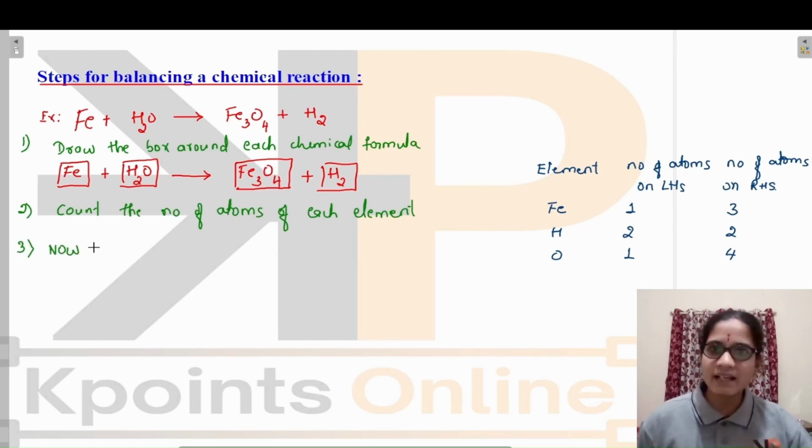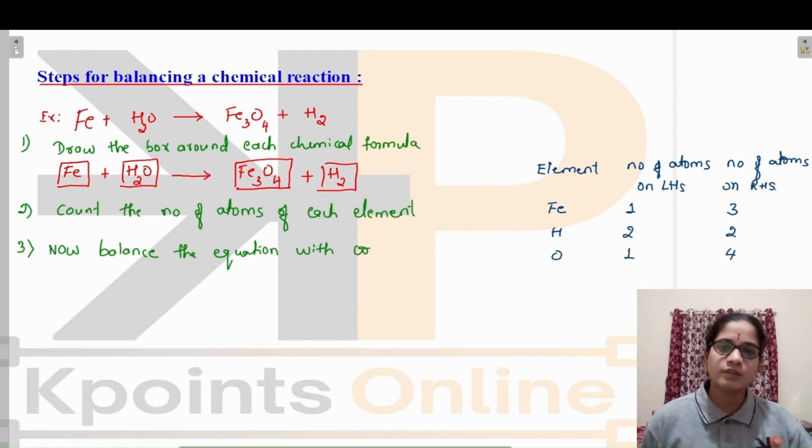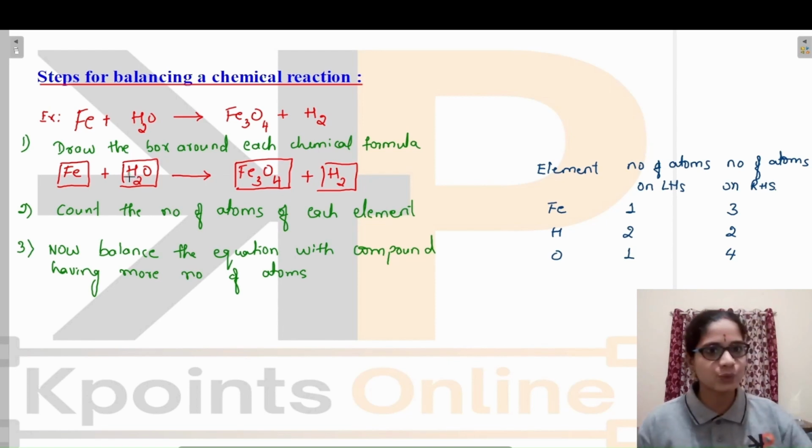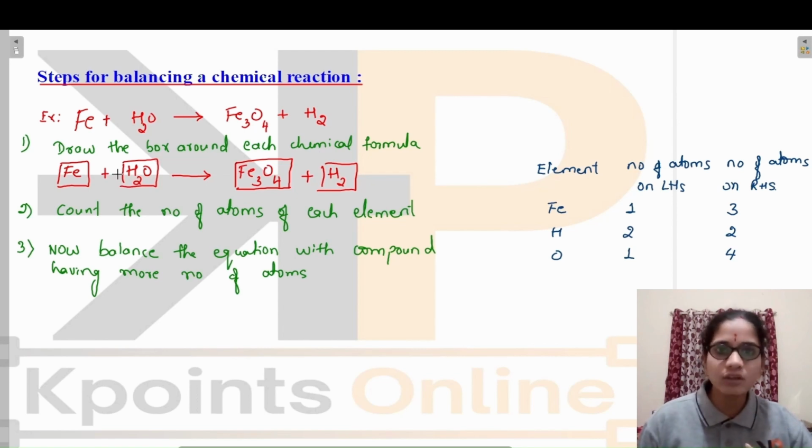Now start balancing the equation with the compound having more number of atoms. Here the oxygen atoms are more in number, so let us first balance the oxygen atoms. As there are four oxygen atoms on the RHS, there must be four oxygen atoms on the LHS also. So I need to keep the coefficient 4 here. By multiplying by 4, we get 4 oxygen atoms on the LHS also.